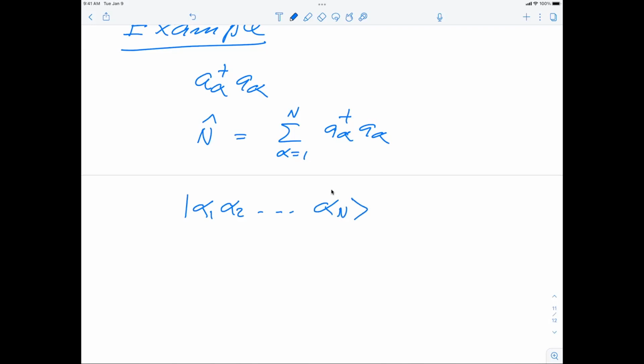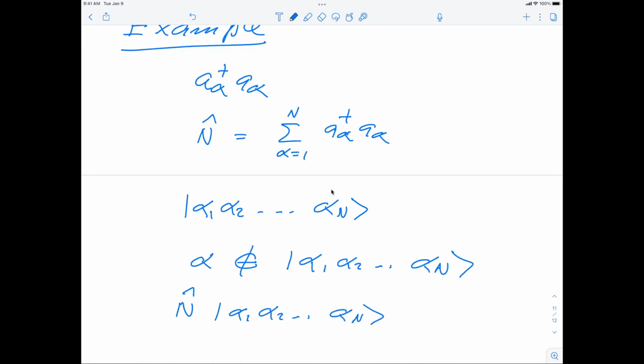And of course, if alpha is not contained in here, then clearly, if I'm acting with this operator on this specific state, the answer should be obvious, right? It's not contained there, so we're trying to act on the vacuum state and create and actually destroy something which doesn't exist. So this one has to be equal to 0.